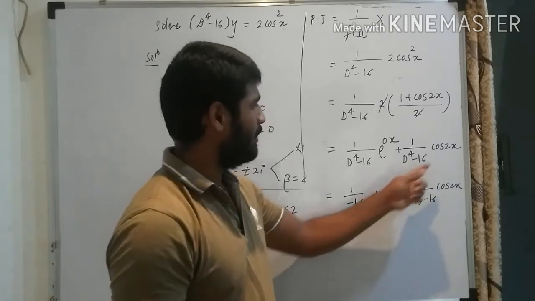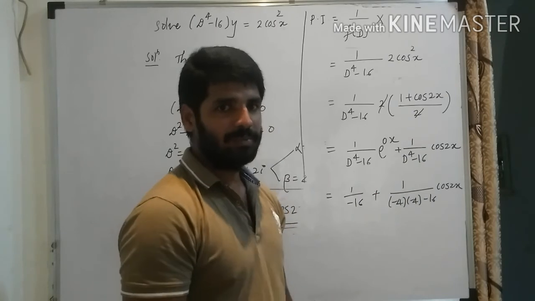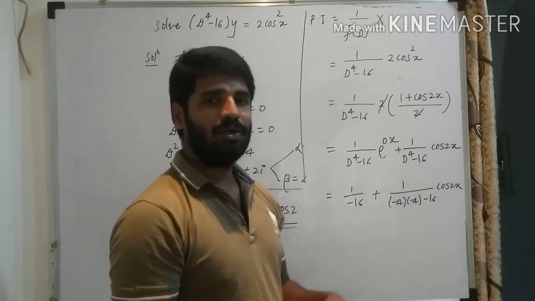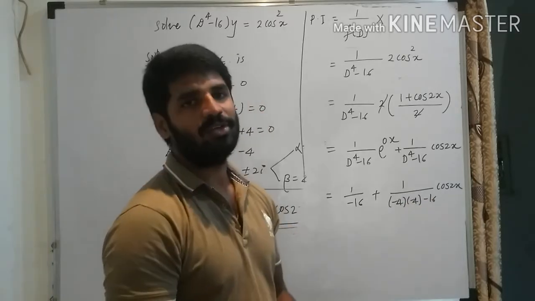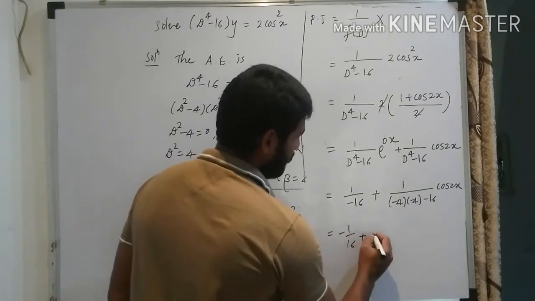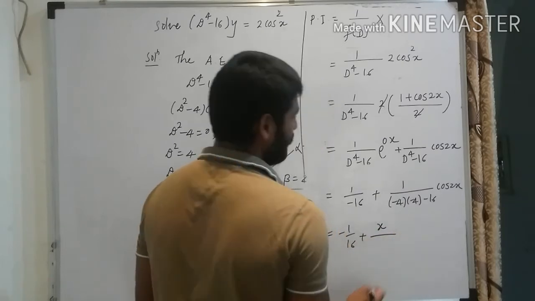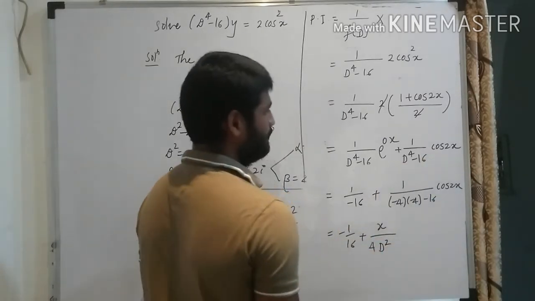That means if we replace d square by minus a square, denominator gives 0 value. So if denominator gives 0 value, then what do we have to do? Then we have to take x in numerator and we have to take derivative of denominator. So this is minus 1 upon 16.